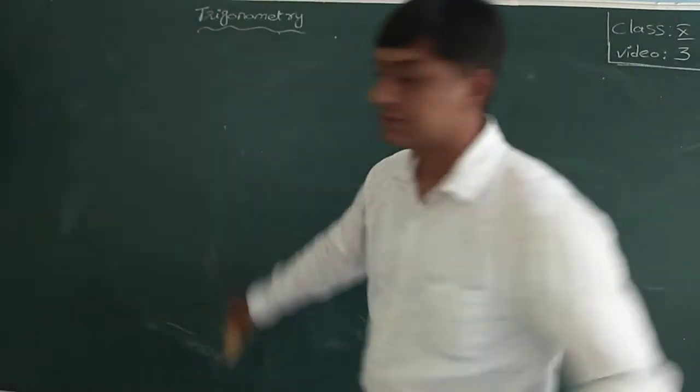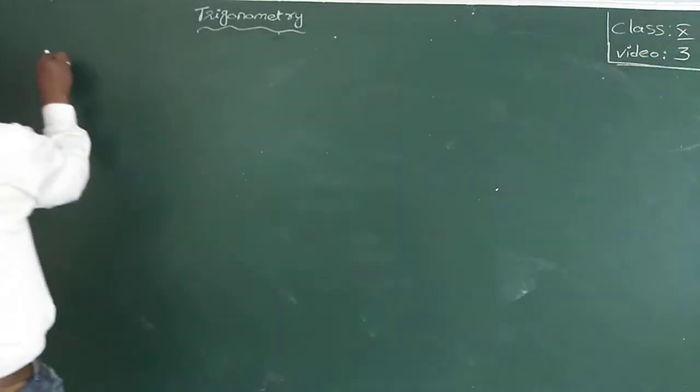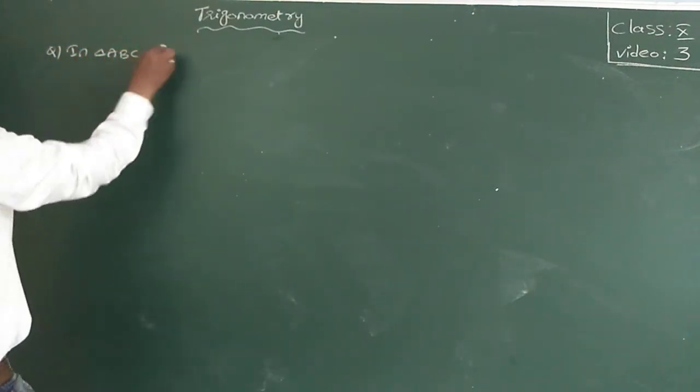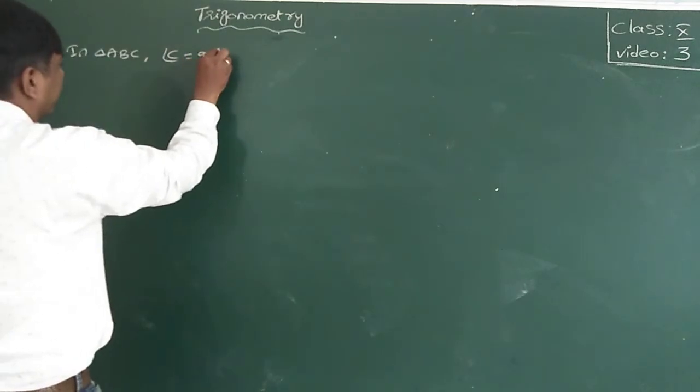Okay. Next, the think and discuss question. In a triangle ABC, right angle at C, angle C is equal to 90 degrees.